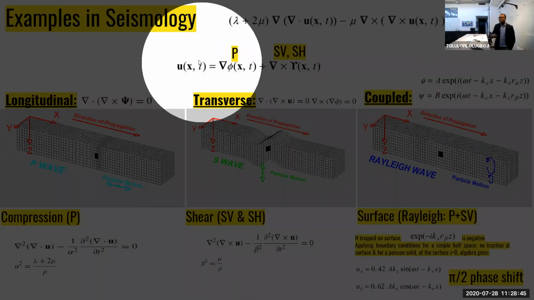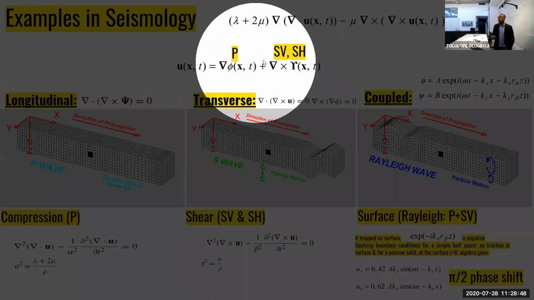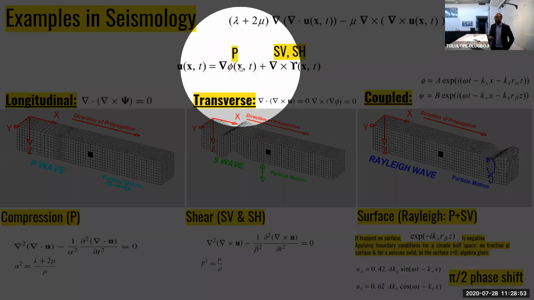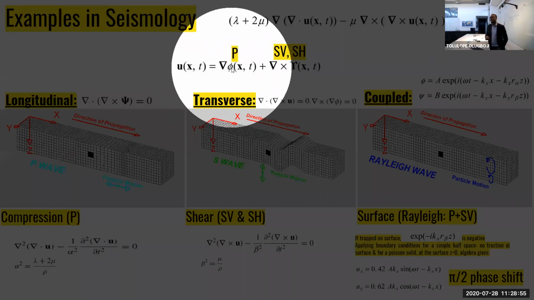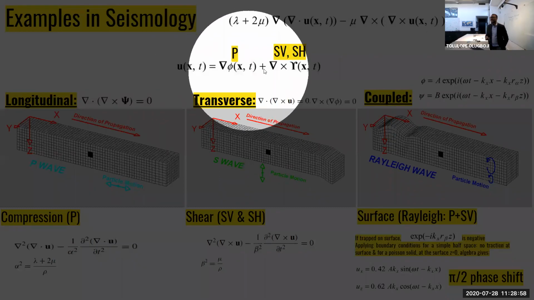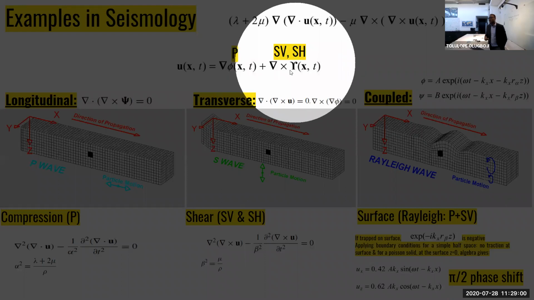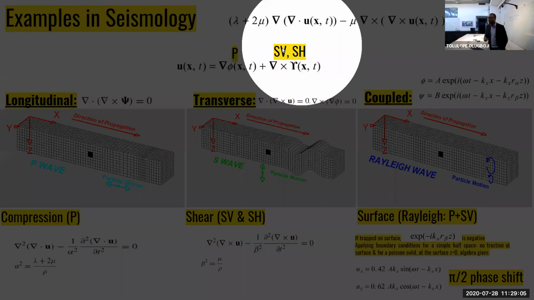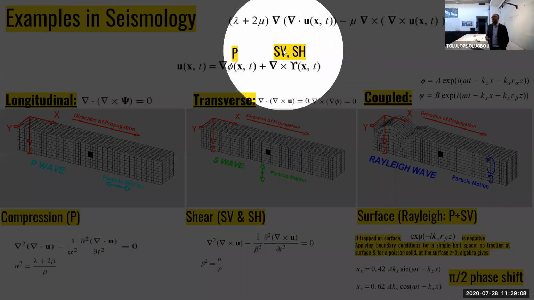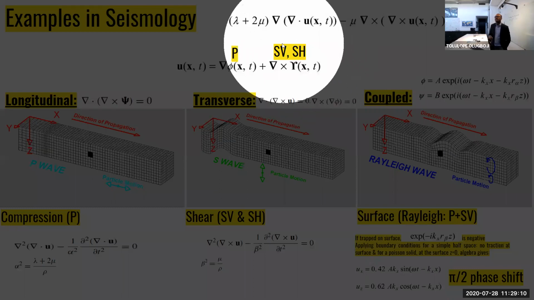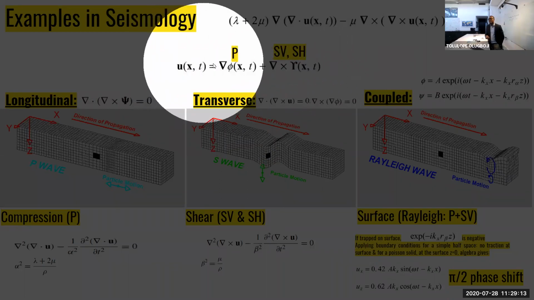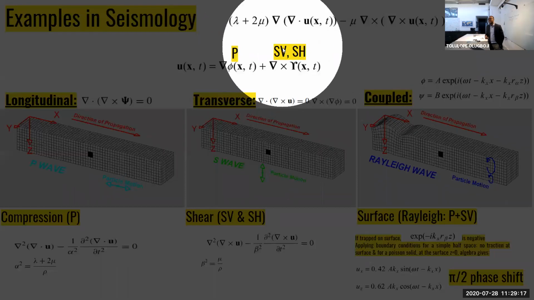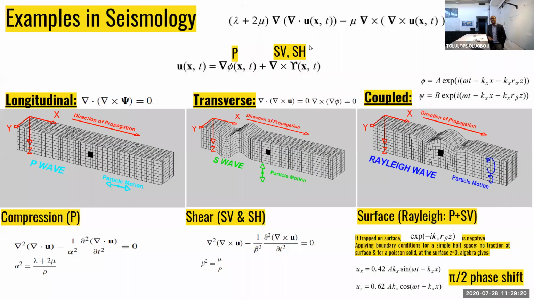Essentially then you have a displacement field that can be separated into two potentials, two components. The P potential, which is this phi function, essentially a scalar field. And this other potential, I don't know what this interesting Greek letter is, so I'm going to try to pronounce it, but it is a vector potential describing SV and SH propagation. So the displacement field has two components, P and S, where S is SV and SH, just like I described.